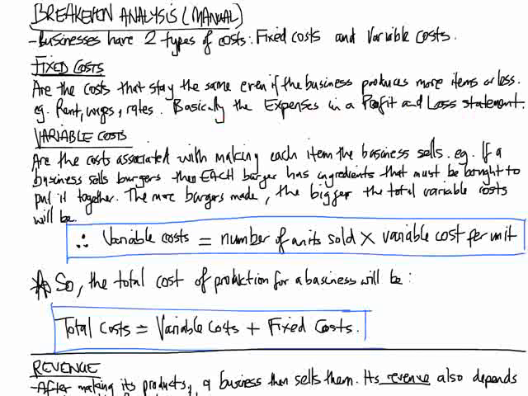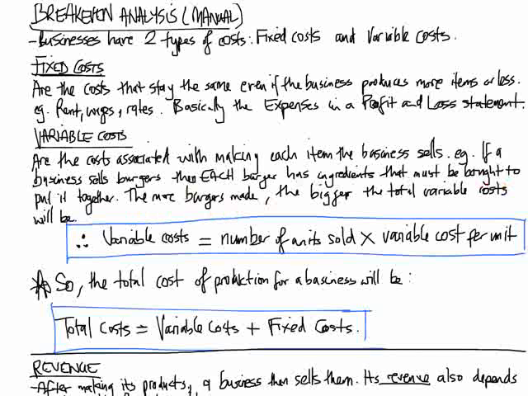However, the variable costs, so the other costs that businesses have, are the costs associated with making each and every single item the business sells. So if a business is selling burgers, then every single burger is going to have ingredients that you have to buy in to put it together. So the more burgers you make, the bigger the variable cost is going to be.